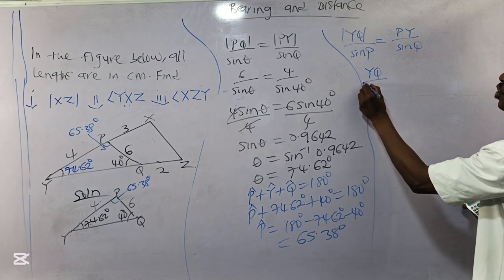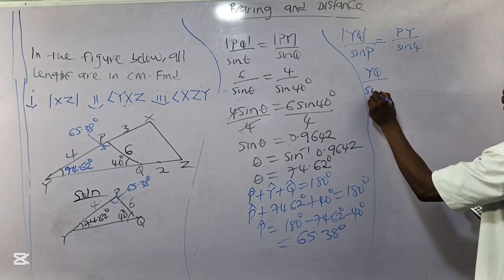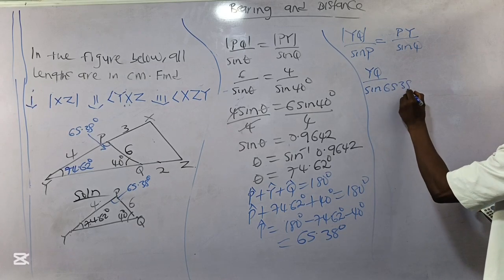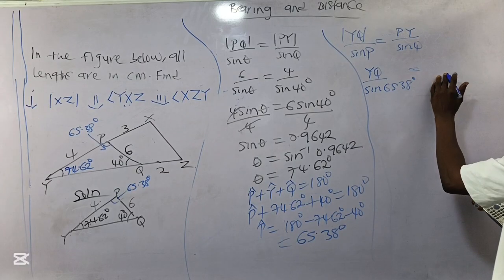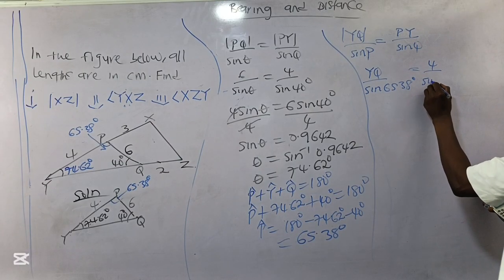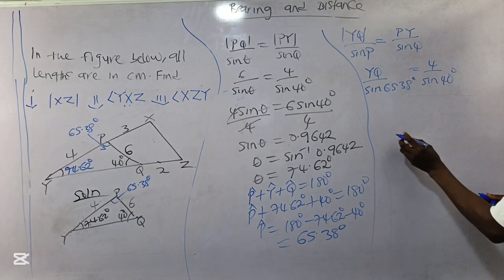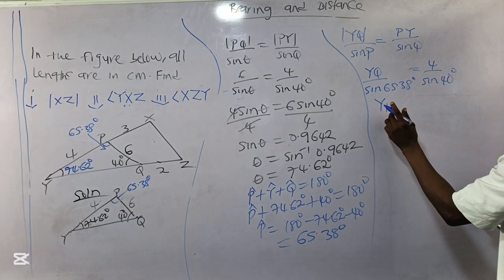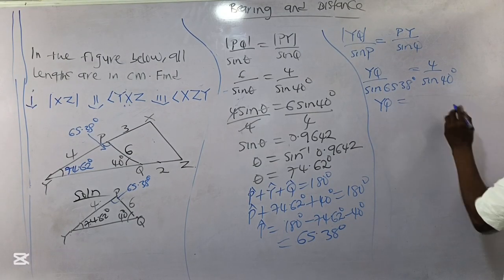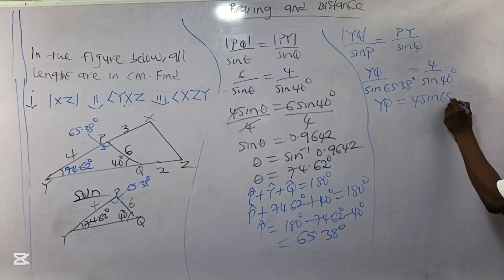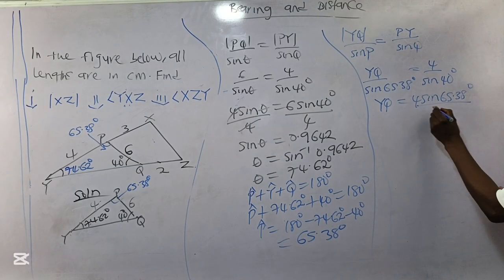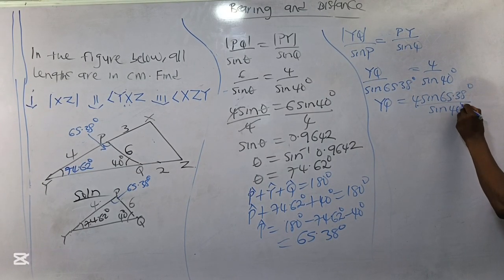So I have YQ all over sine 65.38 degrees equals to 4 all over sine 40 degrees.